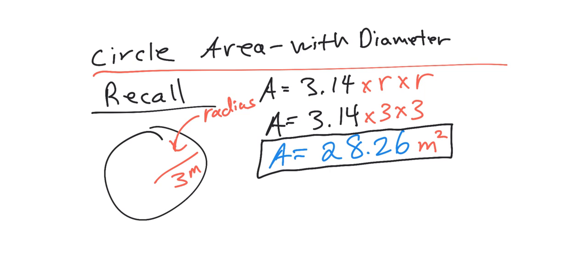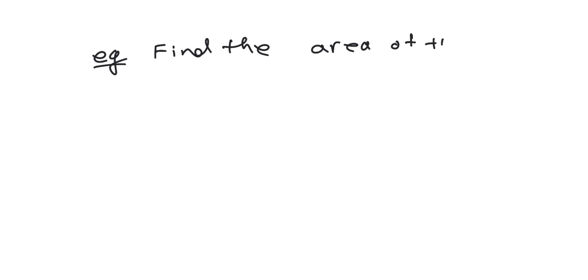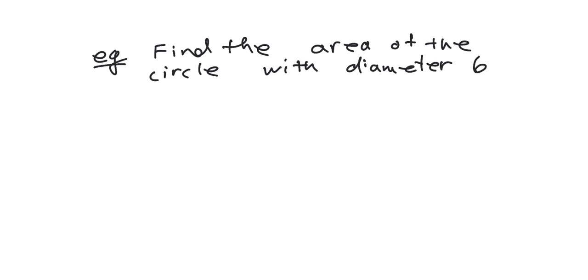Okay, let's go and see what happens when we have, instead of a radius, a diameter. So find the area of the circle with diameter, let's say it's 6 meters.